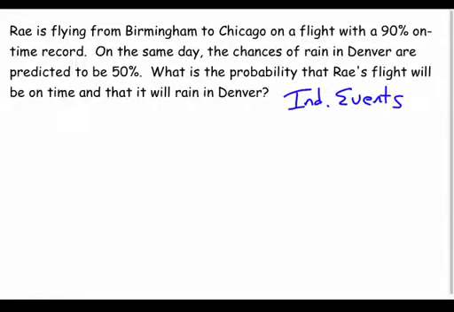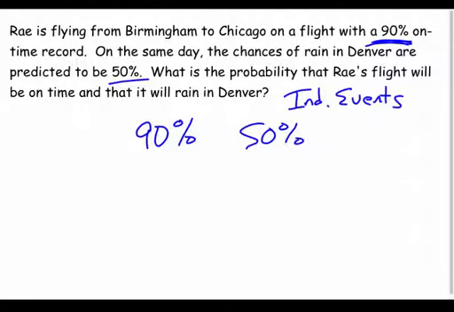That's where I know I can just take each probability. So the probability of event 1 is 90%, and the probability of event 2 is 50%. And we multiply them. But we don't use our percents. We always change to a decimal and multiply.